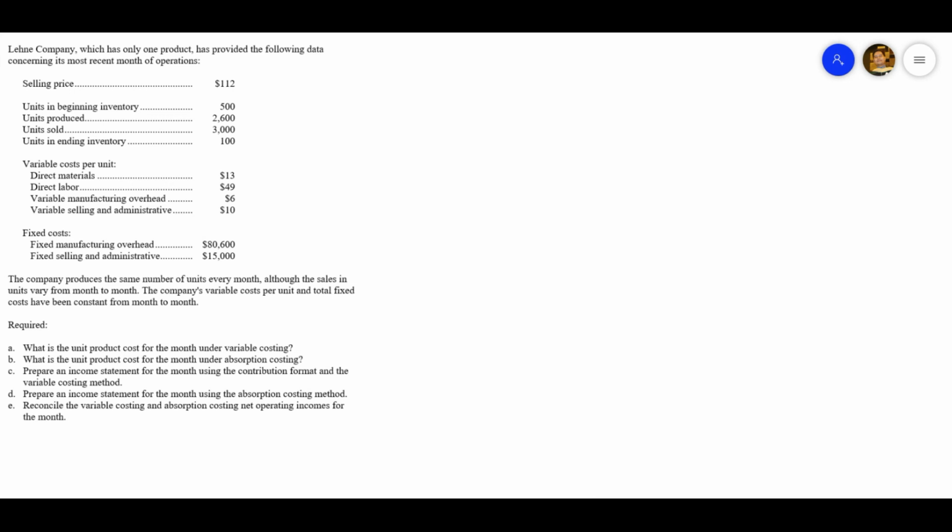A period cost. Okay. So, in letter A, we're looking for the unit product cost. So, what does it include? It includes your direct material, your direct labor, and your variable manufacturing overhead. So what's the value of our direct material?